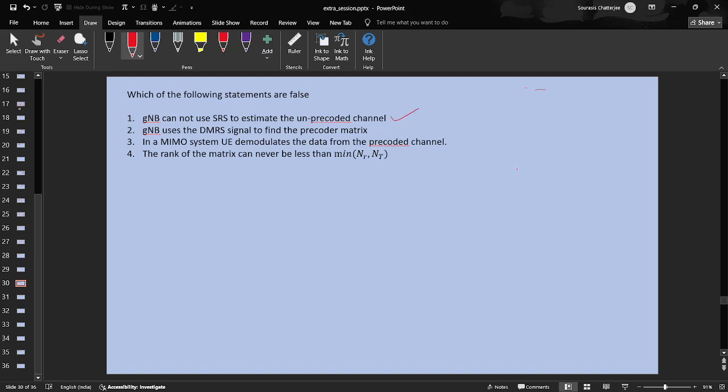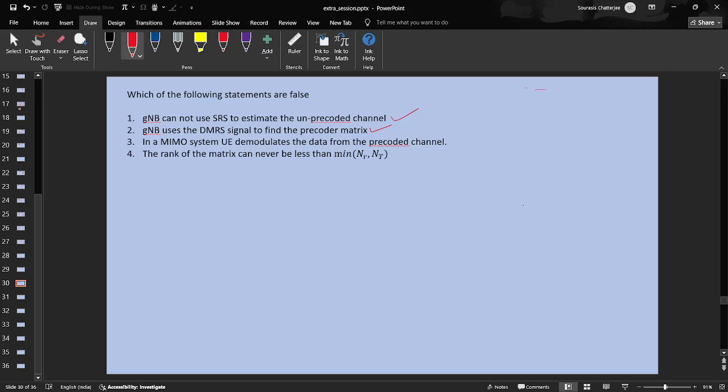What about the gNodeB using DMRS to find the precoder matrix? It uses CSI-RS, not DMRS. So this is also false. The third one. This is false.